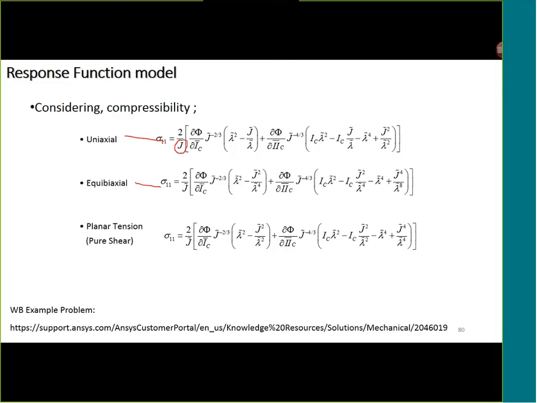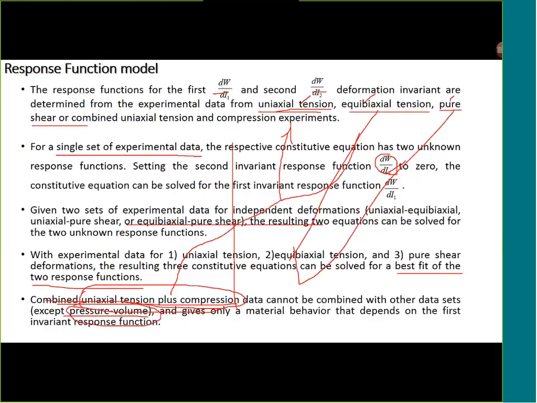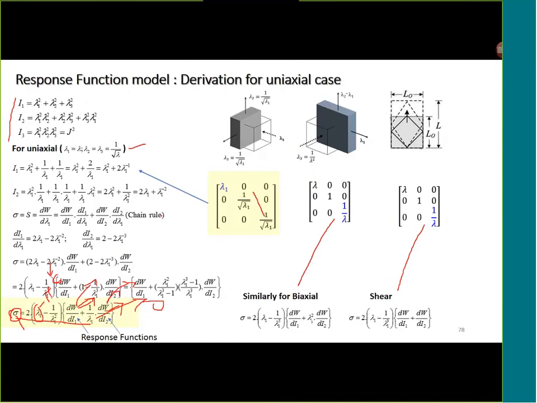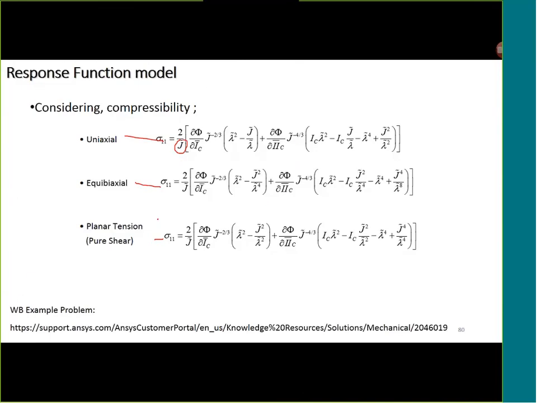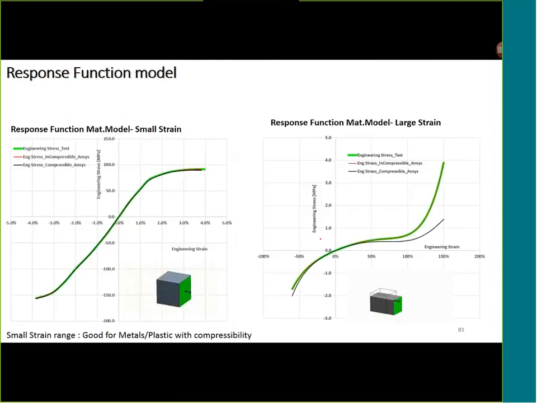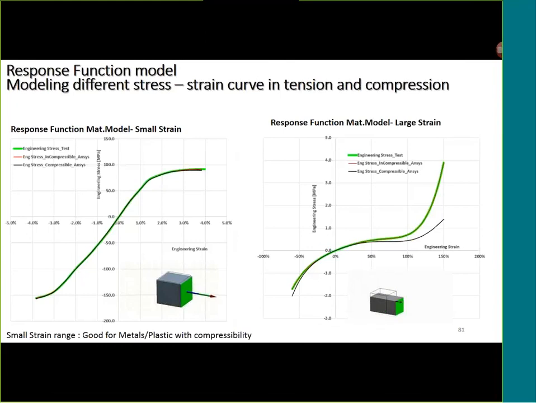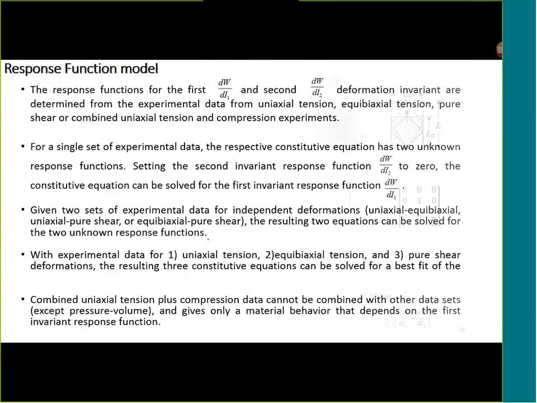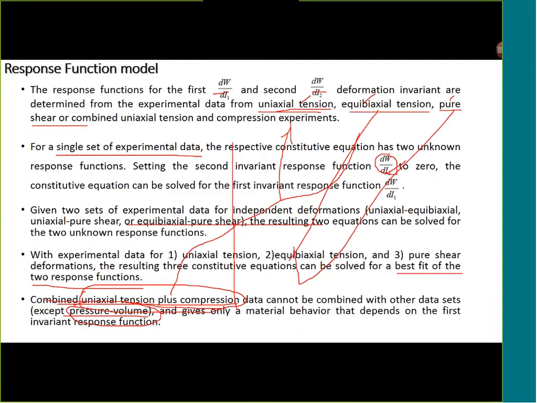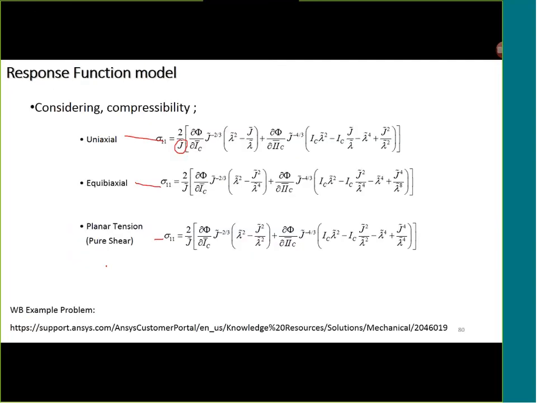I don't think we have sufficient time to get into the details, but if you have understood so far what is happening, I'm fairly confident that you can go and crack what is happening beyond this equation. As I mentioned, this response function model can be used to model combined uniaxial tension plus compression along with the pressure volume data for capturing the compressibility.